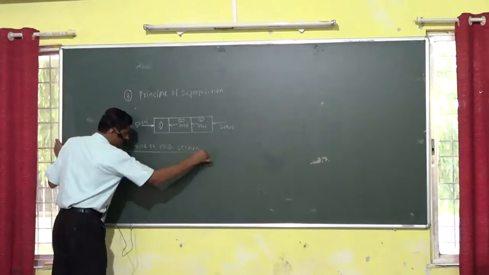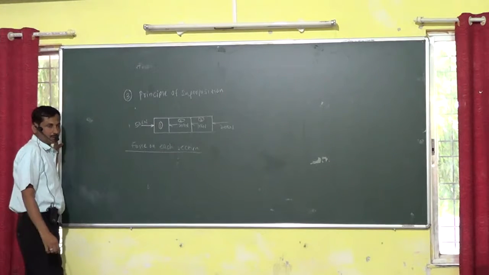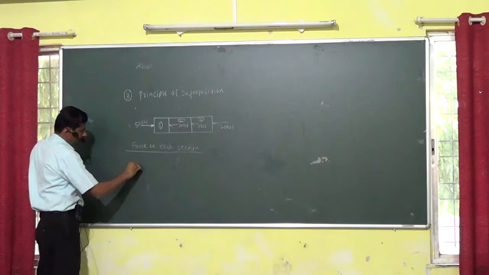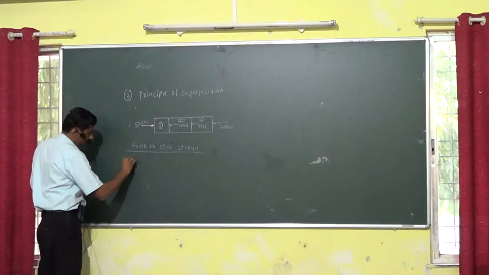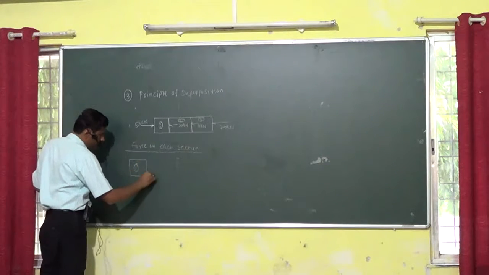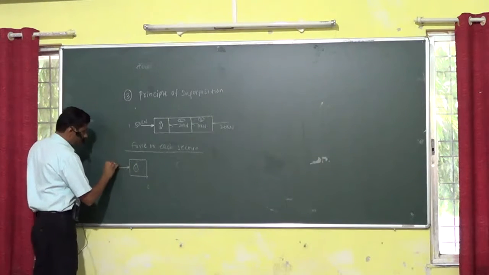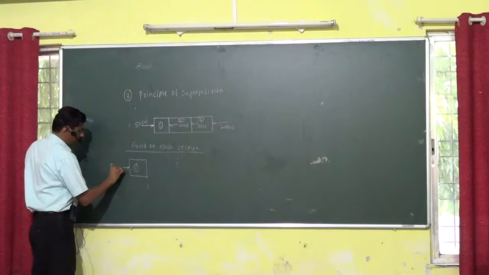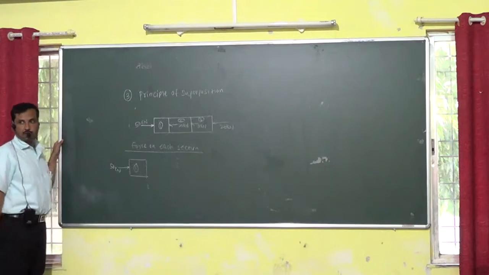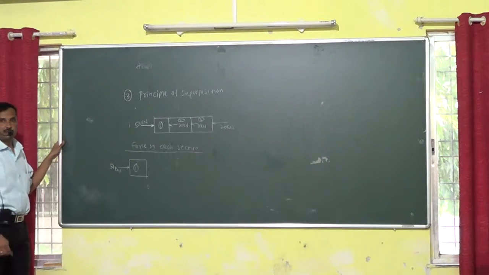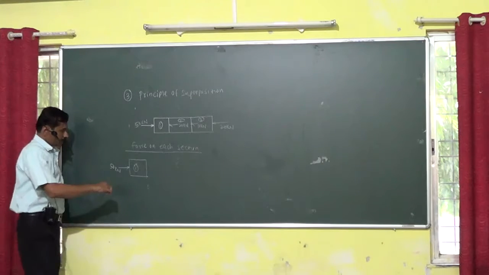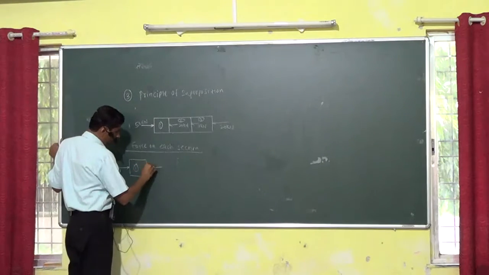So for section 1, when we are identifying forces on each section, 50 kilonewton of force is acting, which is compressive in nature as far as section 1 is concerned, and the same amount of force, 50 kilonewton, will be at this end.